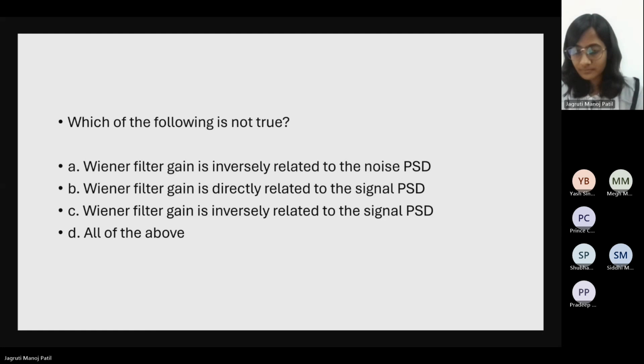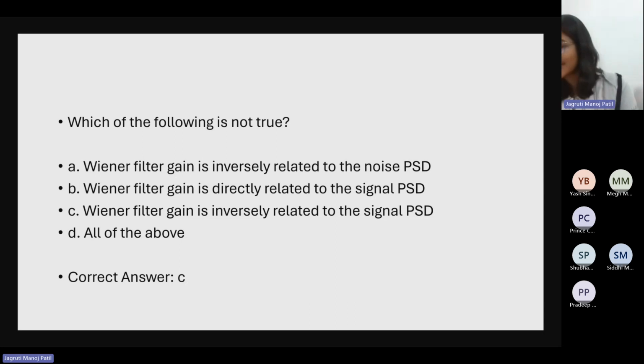I think C option. Someone else? I also don't know the answer. When I flip it, I'll know. But someone else? C is fine. Yes, ma'am. Looking like C option only. Okay, let's see.